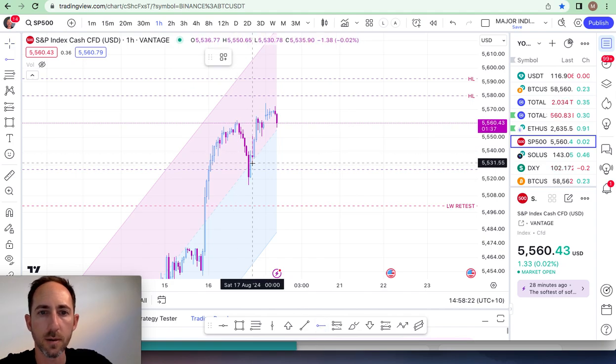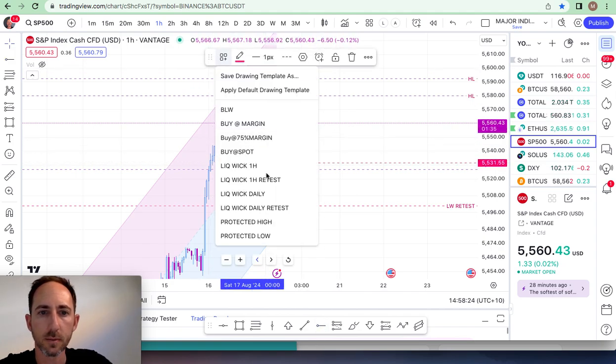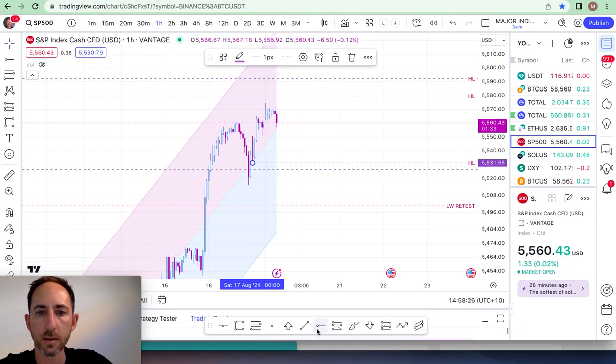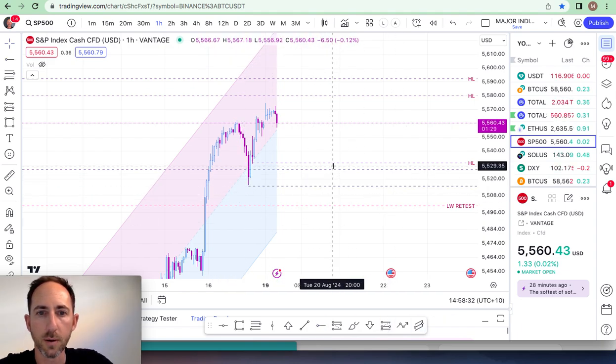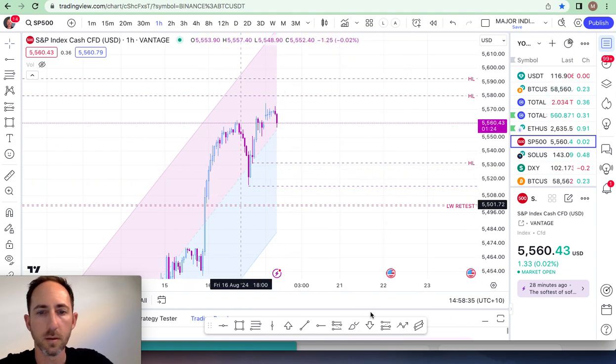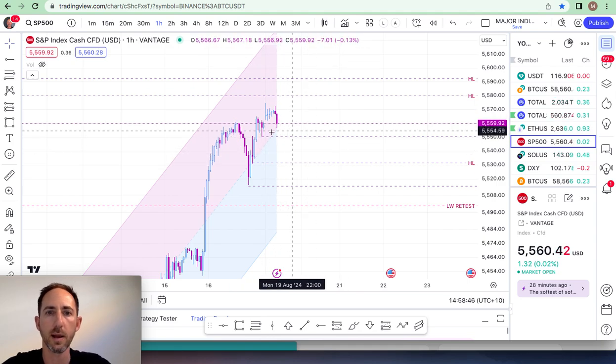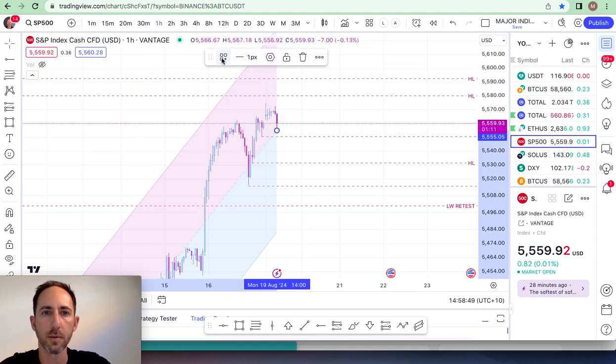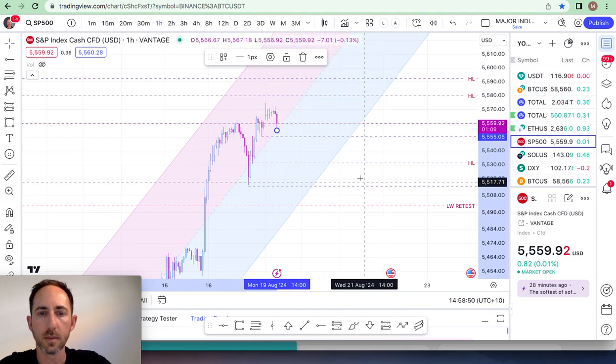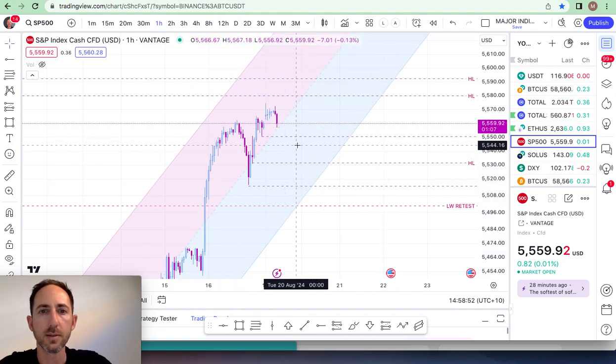So on the S&P 500 chart, we've got three levels where we can come and mitigate, and they potentially all look like they are going to be below in the buy side liquidity.